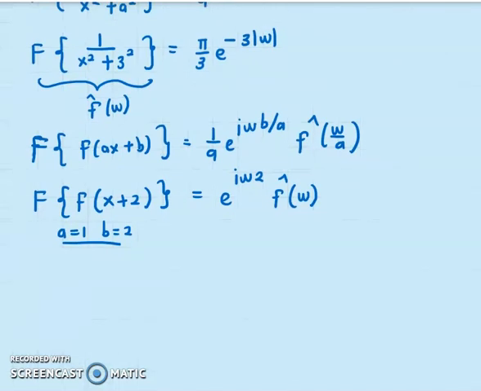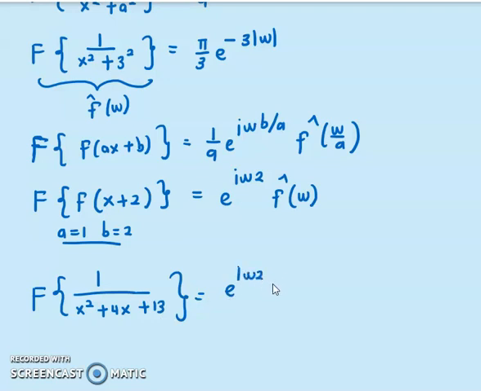Therefore, I can say that the Fourier transform of 1 over x squared plus 4x plus 13 is given by e to the i omega 2, f hat omega, which is e to the i omega 2 times pi over 3, e to the negative 3 omega.